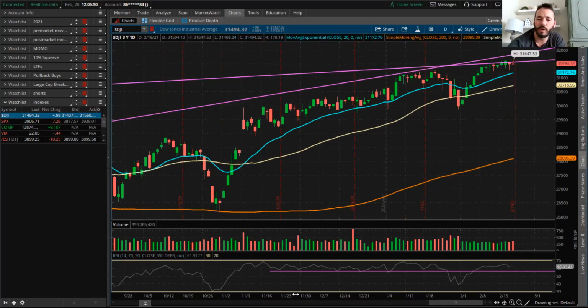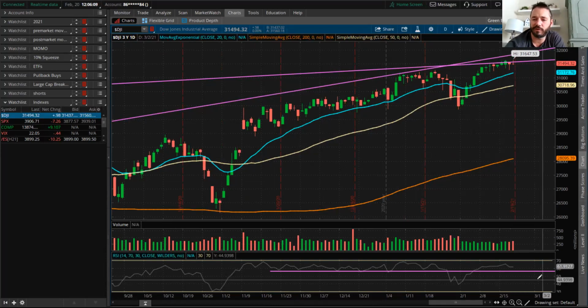Now, what I also noticed, and I put on my charts here, is the RSI. Okay. This is the relative strength index. I put this purple line in here at about 55 or 56 on the RSI.